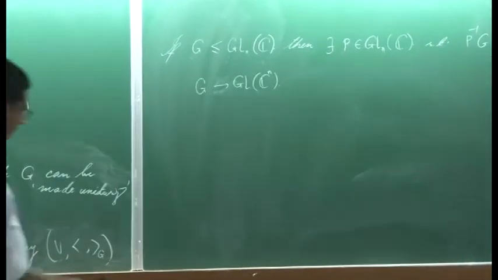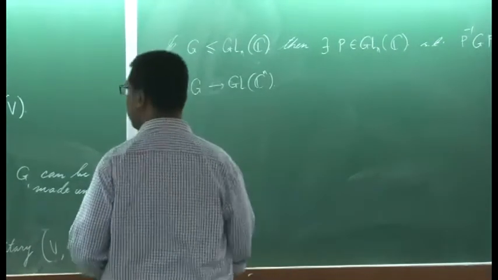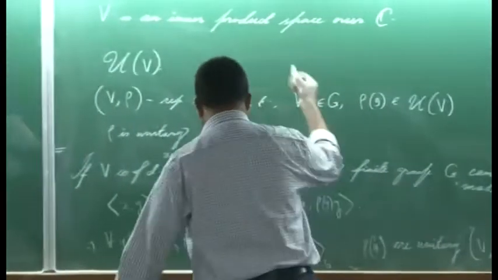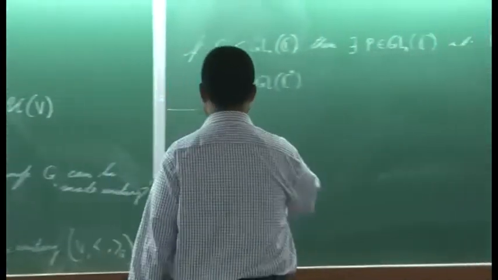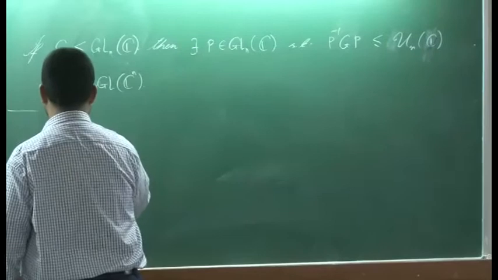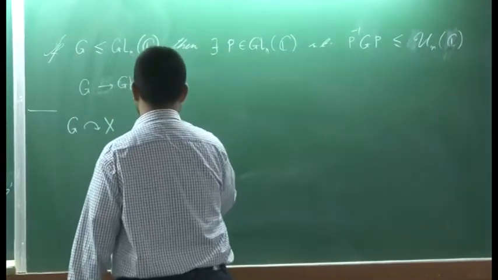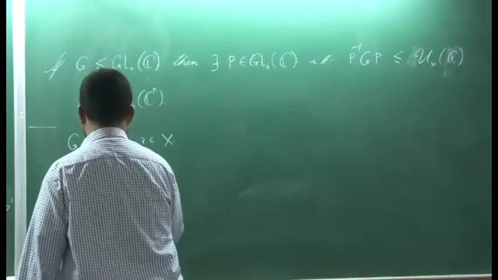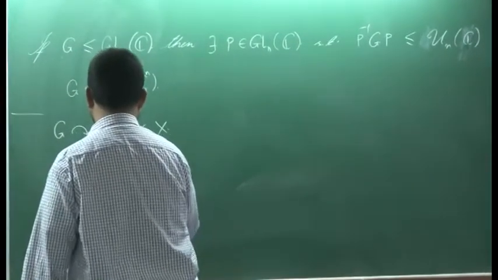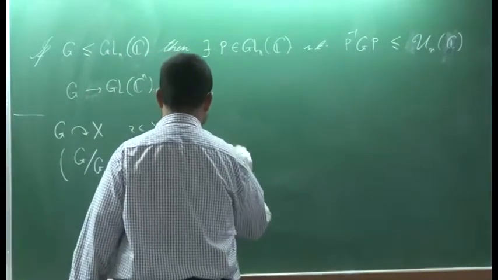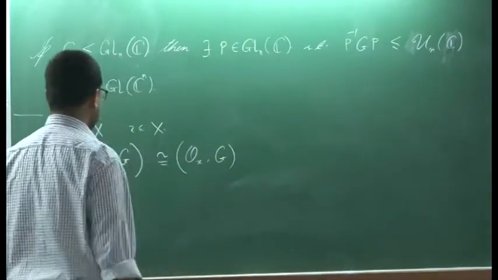Okay, so enough of representations. Now let us come back to general group actions. Recall that in the last lecture we proved that for any action of G on a set X and for any x, these two G spaces are isomorphic.